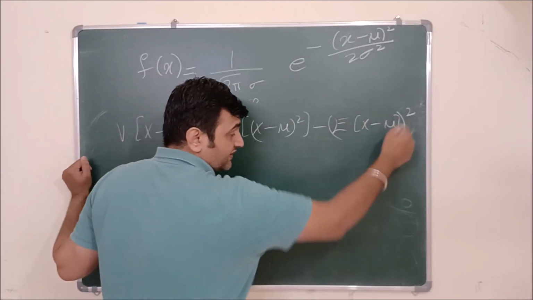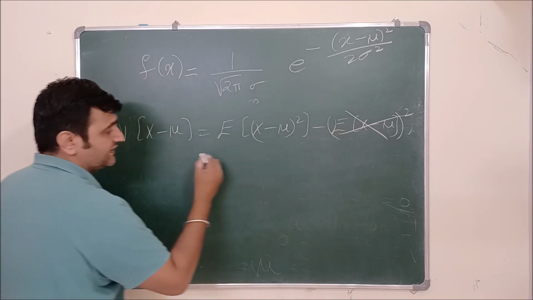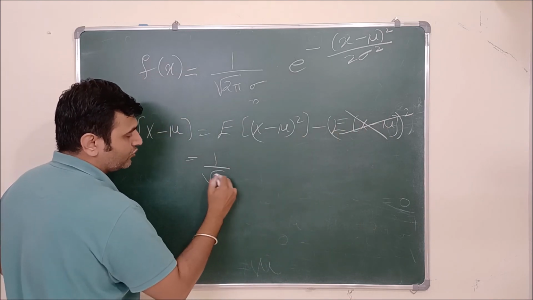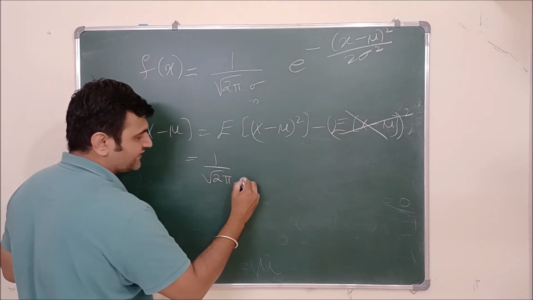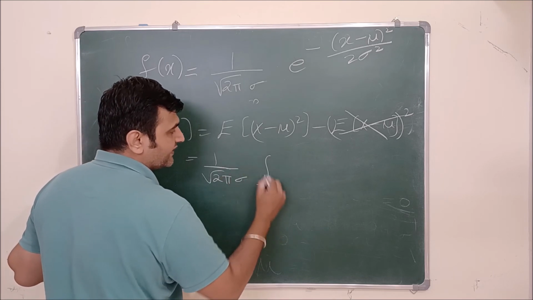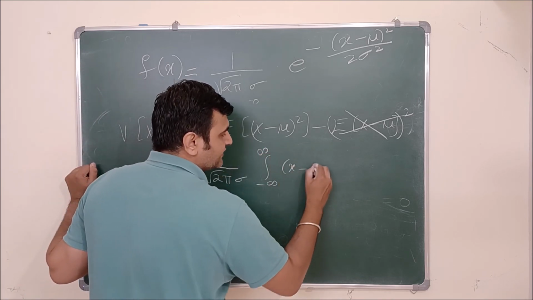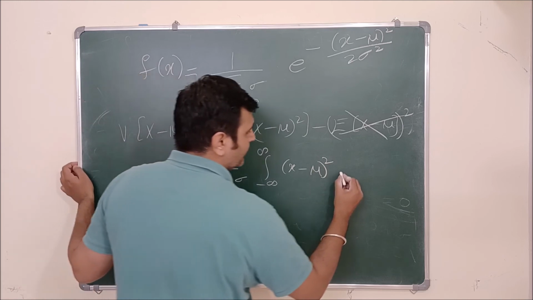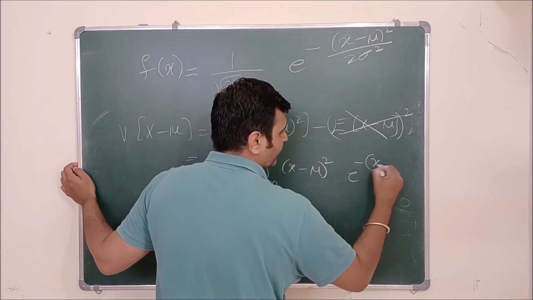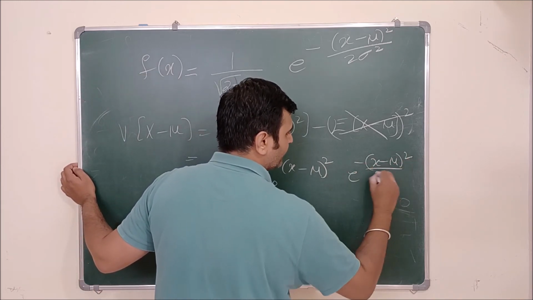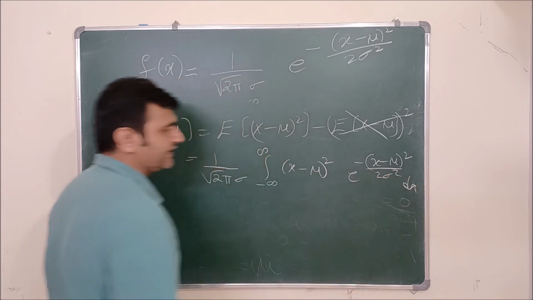But this came out to be 0, so no need to write this. So what is this? 1 upon root 2 pi, let me write it outside, and sigma as well. Integration minus infinity to infinity (x minus mu) the whole square into e raised to minus of (x minus mu) the whole square upon 2 sigma square dx.